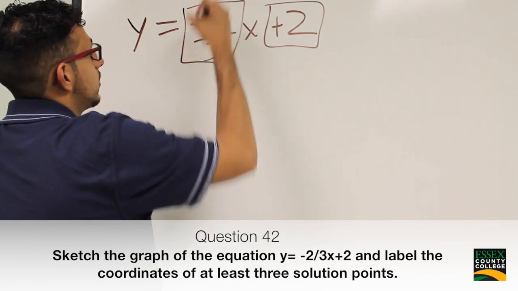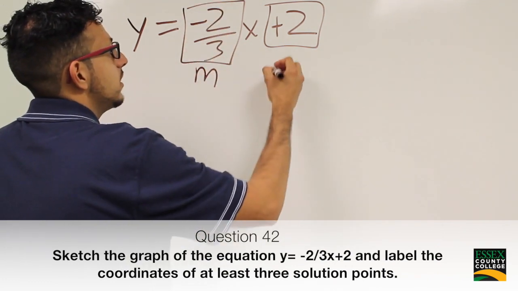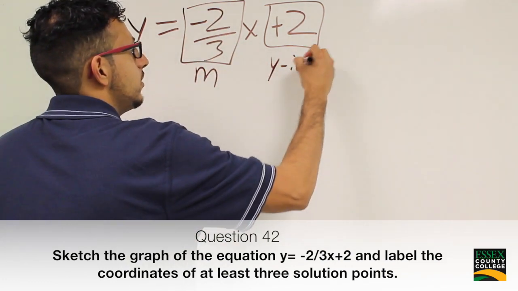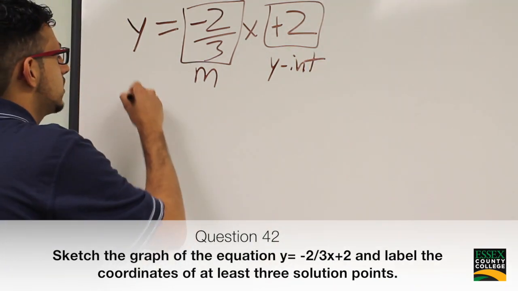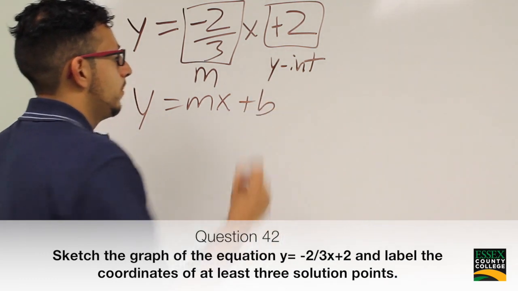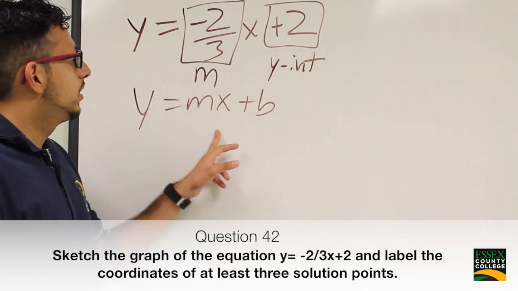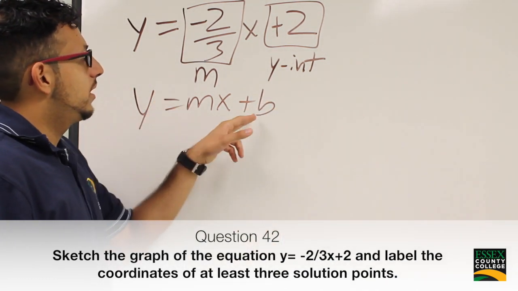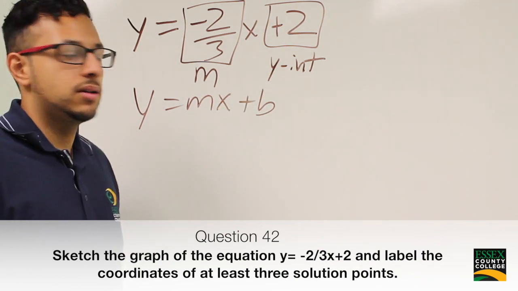So this determines the slope and this is the y-intercept. You can see this is in y equals mx plus b form, m being the slope and b being the y-intercept.